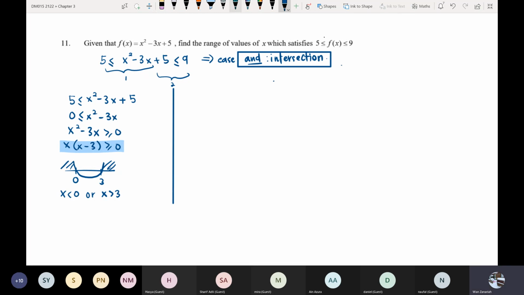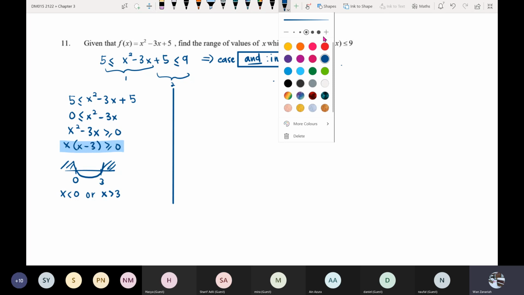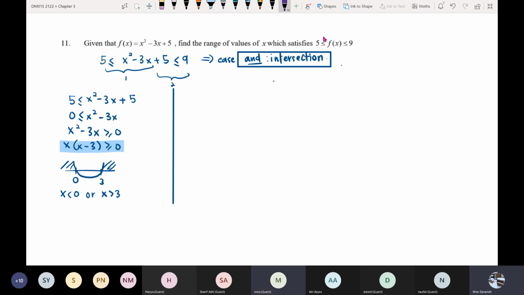Okay, bila I tanya unmute lah lepas tu tutup lah balik. Jangan tak bersuara pula. Okay, so now the second part, x square minus 3x plus 5 less than 9. X square minus 3x plus 5 minus 9 less than 0.